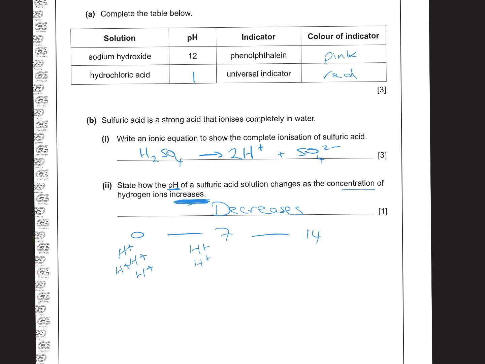And then they put down that the pH increases as well. But remember, when the pH increases, it's actually becoming more alkaline. So the higher the concentration of hydrogen ions, the lower the pH value is.